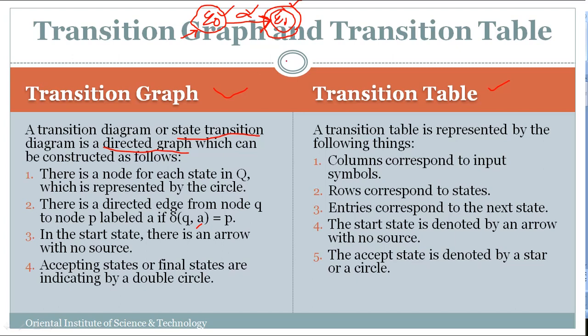If we have another state Q2 which is not a final state, we can draw it like that, and let the input be B. Then there is another input A on Q1, and from Q1 to Q2 the input is B.